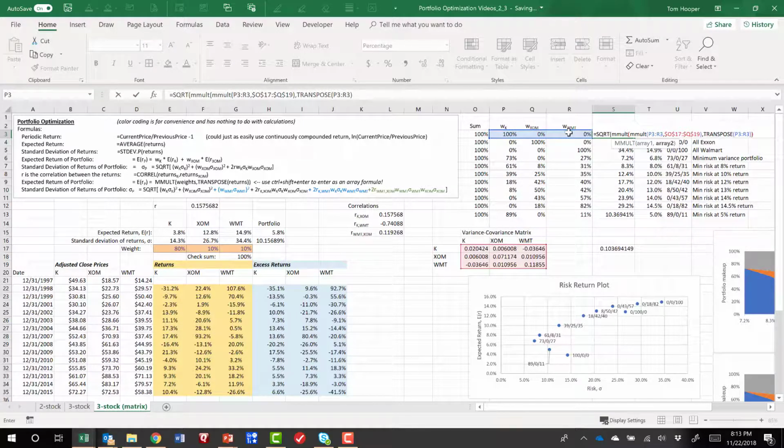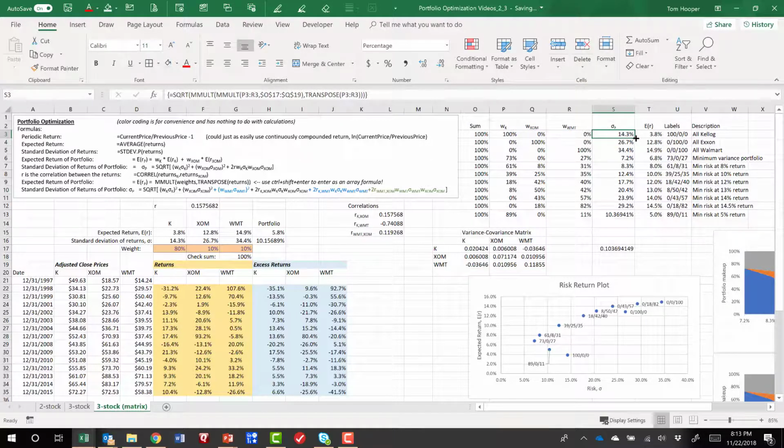Close out all of our parentheses and Control Shift Enter. And we get the same answer we had before, and each time we copy that down, let's make sure we get the same answer.